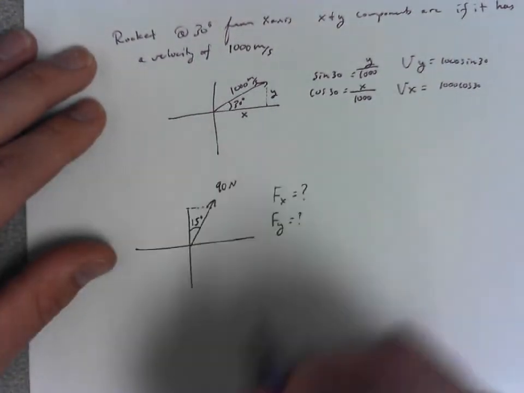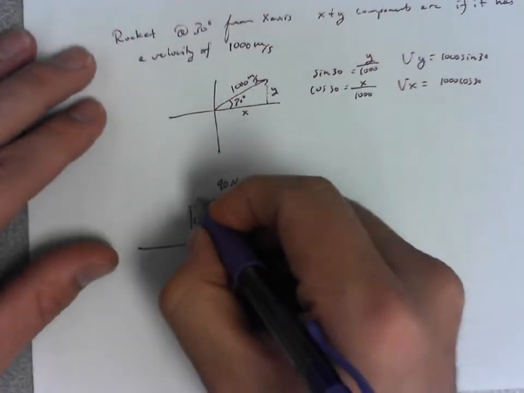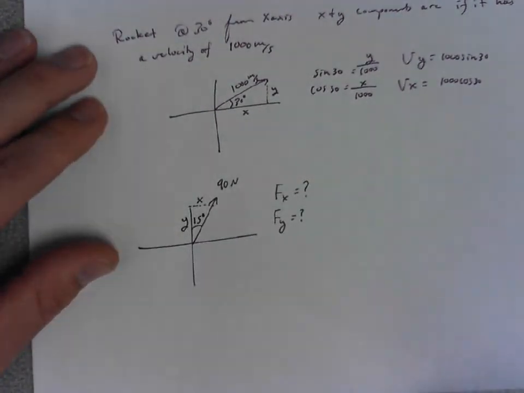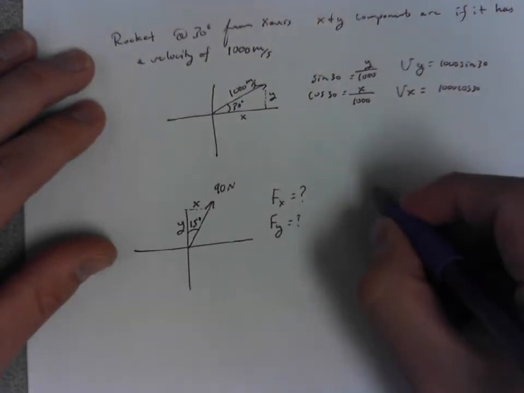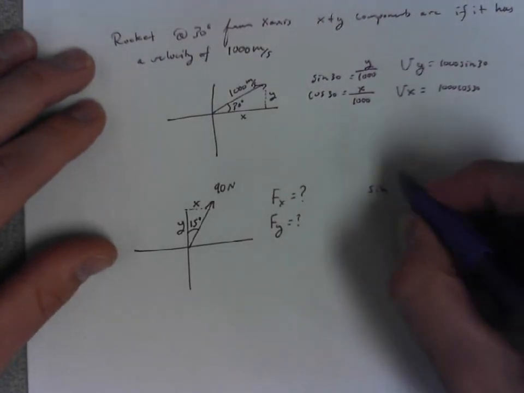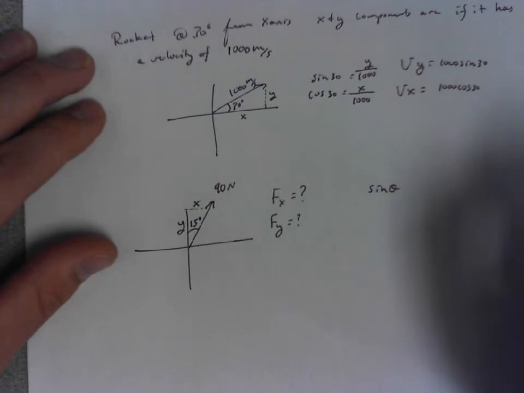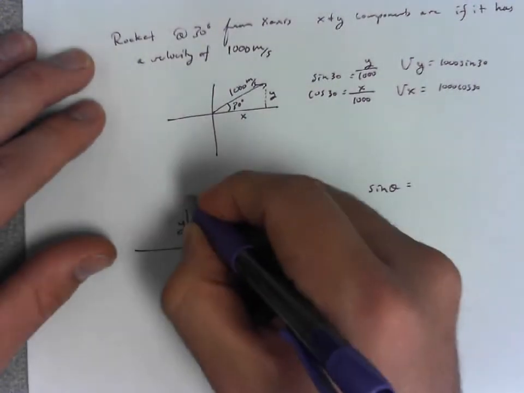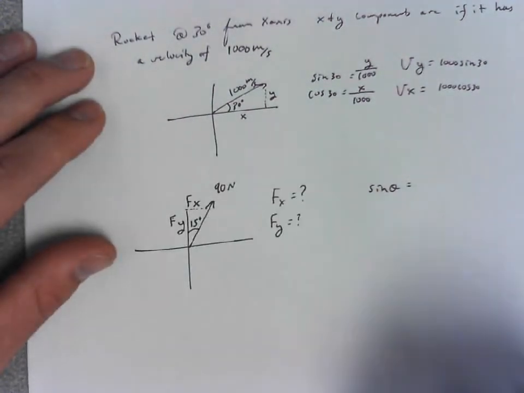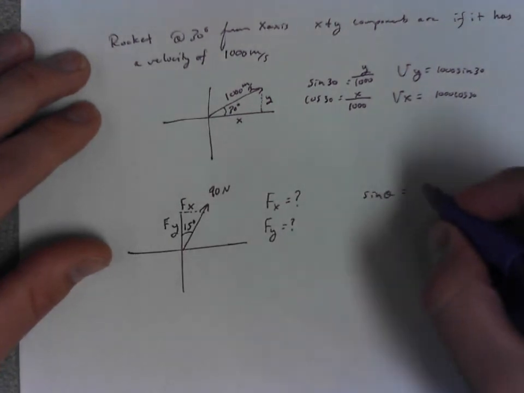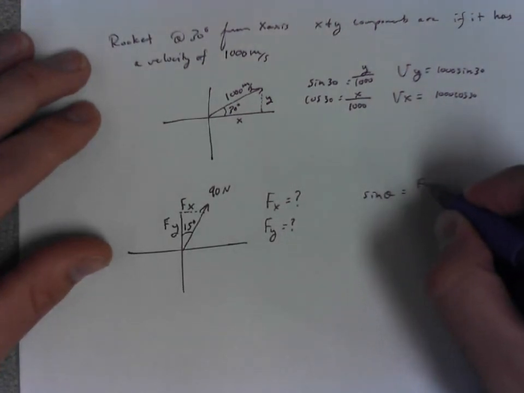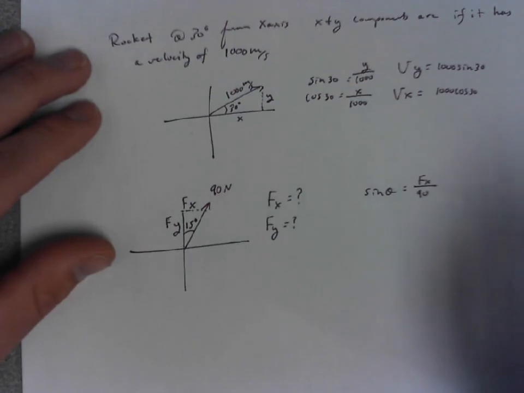So I take that and draw over my triangle. I'm going to label this as my X, label that as my Y, and then I write out sine of theta is going to equal, let's label that as Fx and let's label that as Fy. Okay, sine of theta is going to equal opposite over hypotenuse.